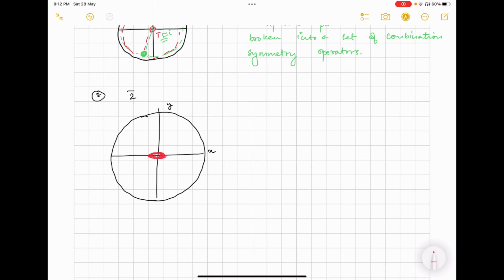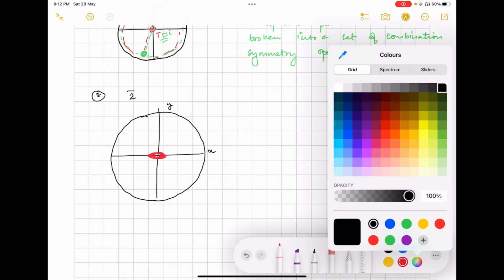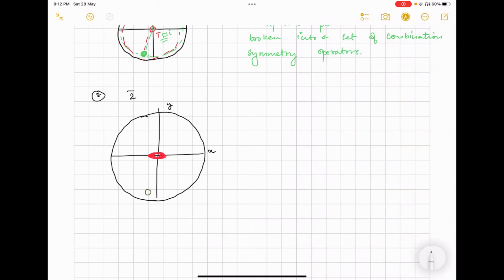So for two-fold, it is an ellipse with a hollow circle in the middle. So suppose I start with a point here, then after two-fold rotation, it would land up here and then inversion.